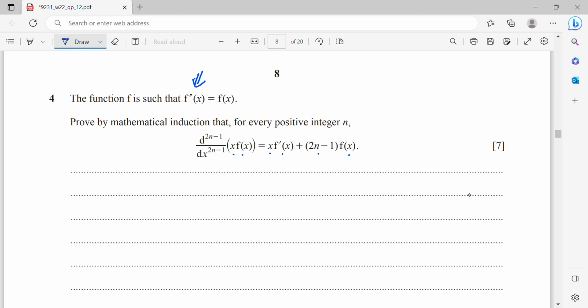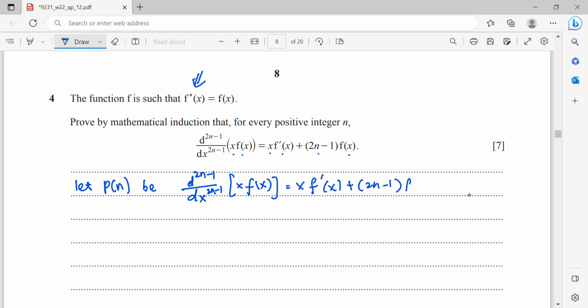So now let Pn be d^(2n-1)/dx^(2n-1) of x f(x) equals x f prime(x) plus (2n minus 1) times f(x). You let whatever you need to prove be Pn.